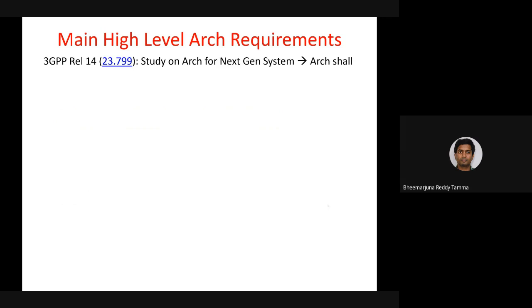Before I talk about the 5G system architecture, let's quickly recap the high-level requirements for the 5G system architecture. The first one is the 5G system should support new radio access technologies. It also has to support the evolved 4G, and it should support non-3GPP access types.